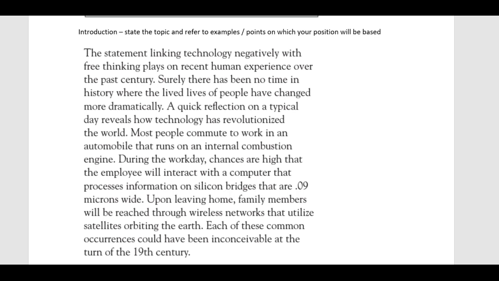Then we refer to, let's say, some examples of how history has changed. So we talk about technology and how it revolutionized our world, and we talk about commuting by automobiles. We talk about bridges. We talk about, let's say, nanotechnology.